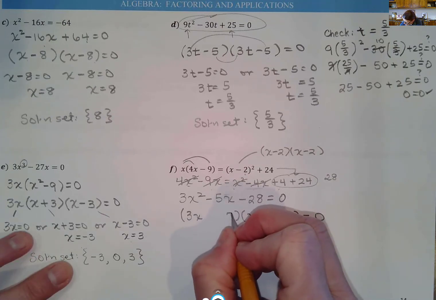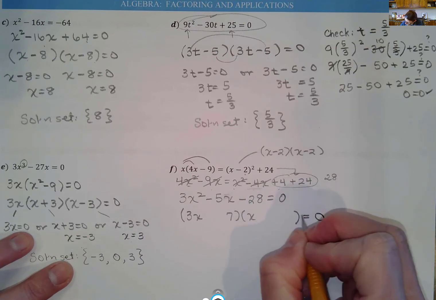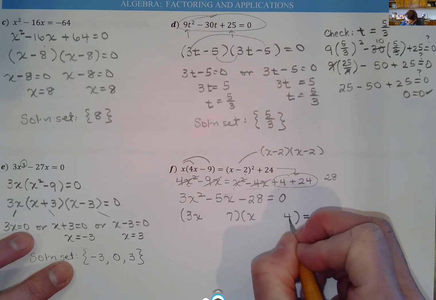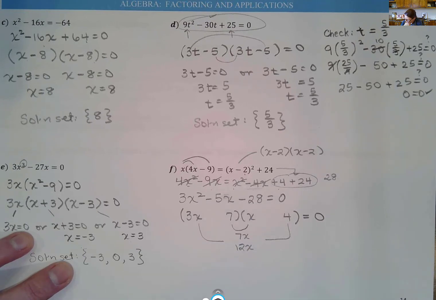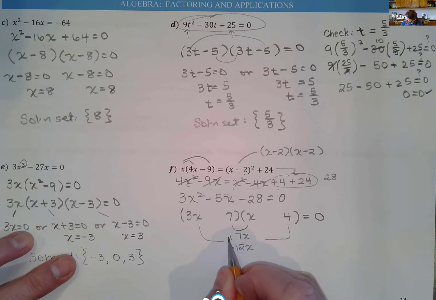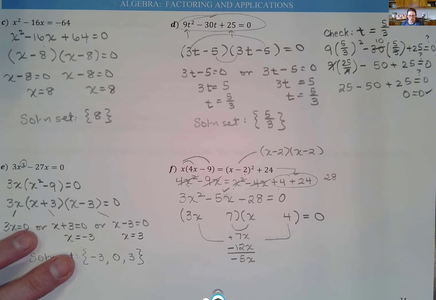If we place a 7 in our first parenthesis and a 4 in the second one, then an inner product will contain 7x, and we've got an outer product of 12x, and if the 12 is negative with the coefficient 7 positive, we can obtain -5x as the sum of our inner and outer products.